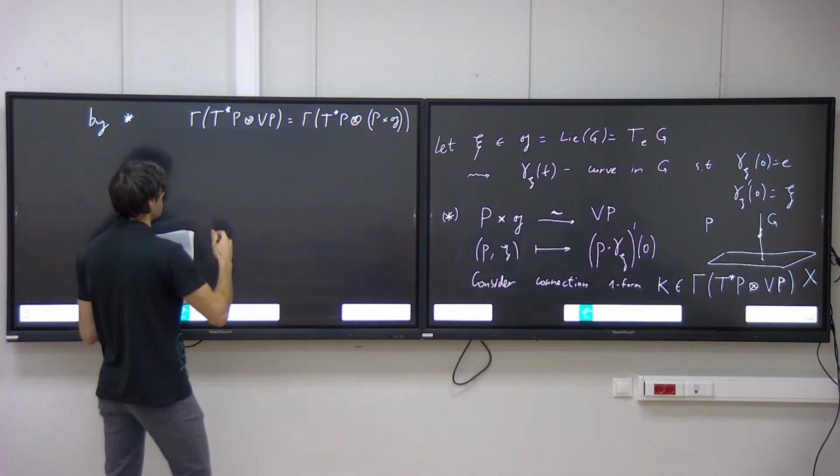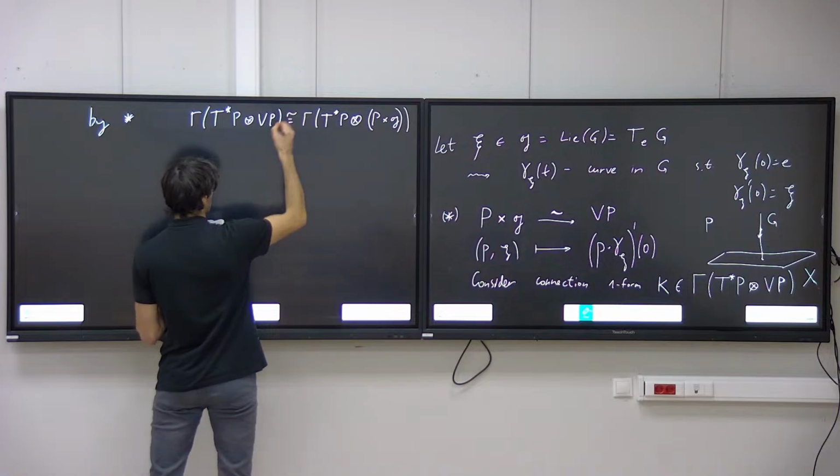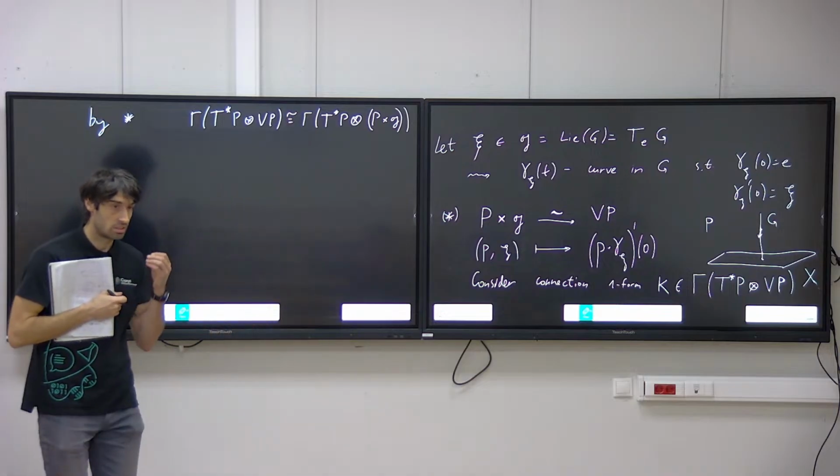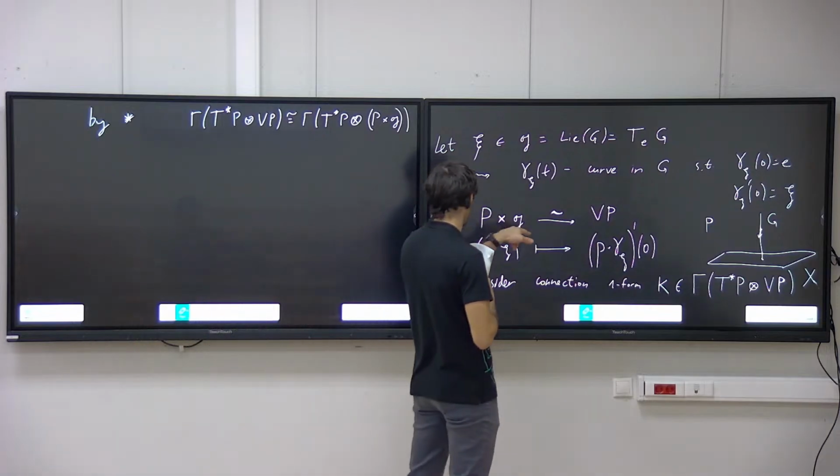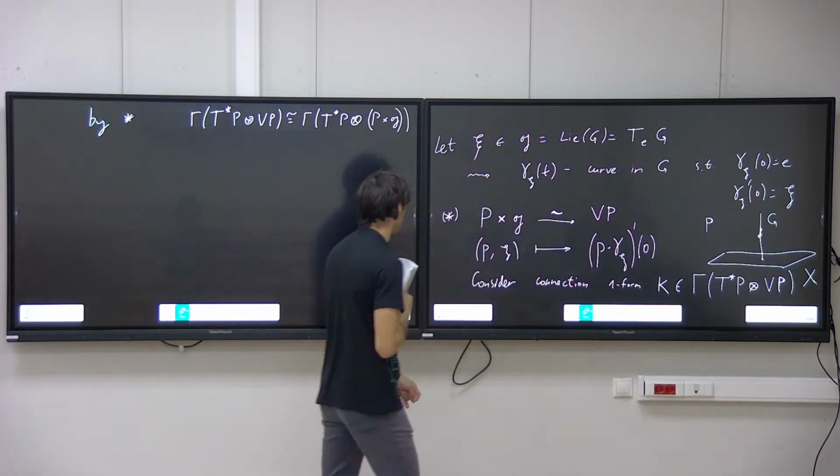Well, I should say they are isomorphic as vector spaces. I can identify them by just using this identification of vector bundles.